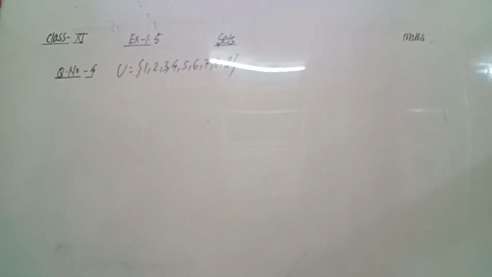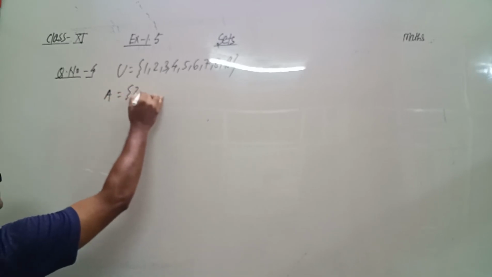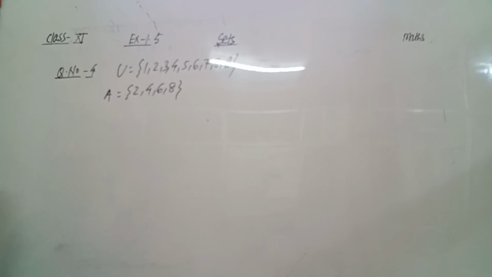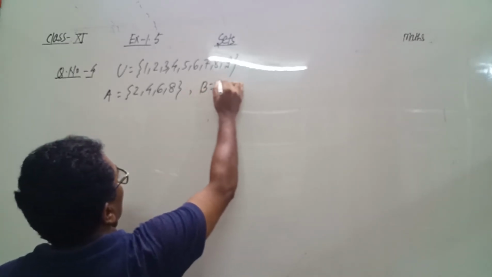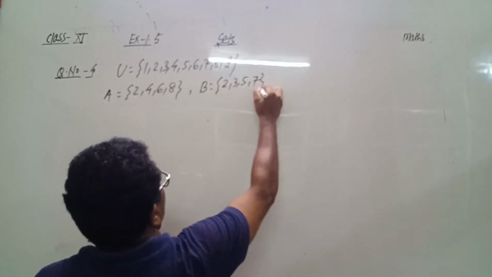Set A equals 2, 4, 6, 8. And set B is 2, 3, 5, 7.